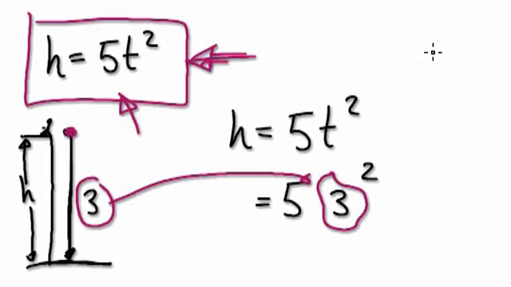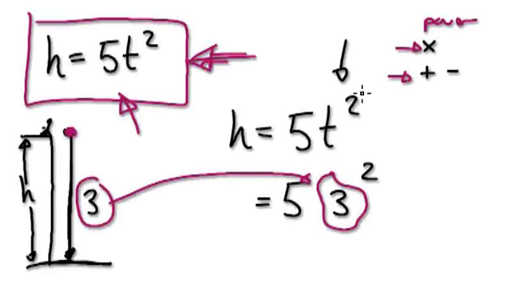Before, I told you times is more important than adding and taking away, so you've got to do times first. Well, here you've got a power. Can you see that? Power is actually more important than times or adding and taking away.